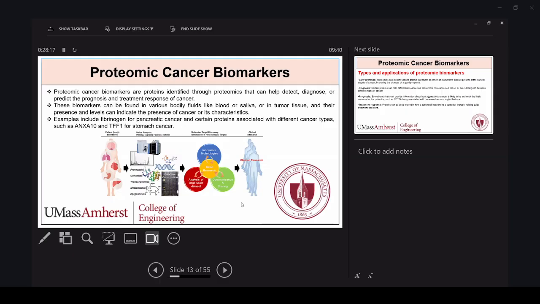So that's the main goal we wanted to select, especially when there is a tumor or cancerous tissue present. These protein biomarkers will be at abnormally elevated levels. So the level of this protein present in that particular cancer will be higher. That is one advantage of using protein biomarkers.